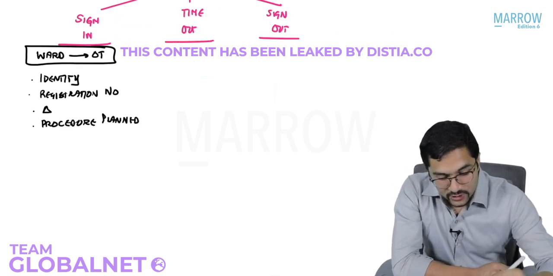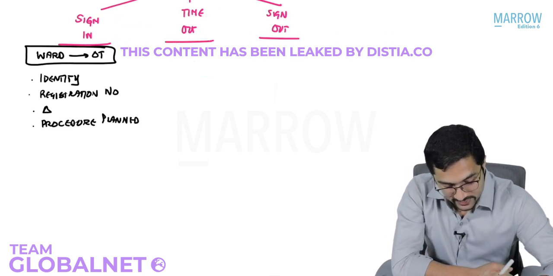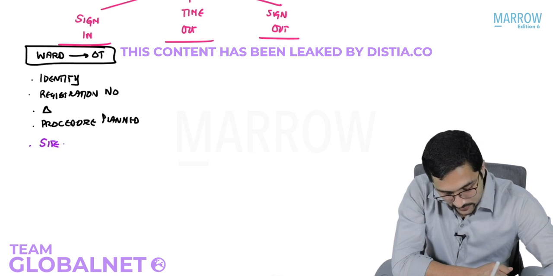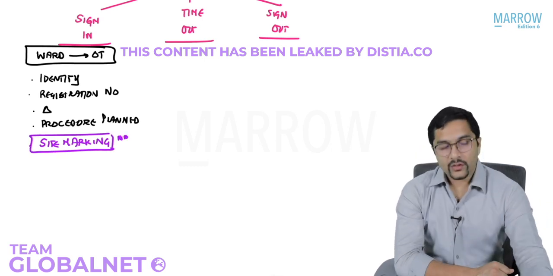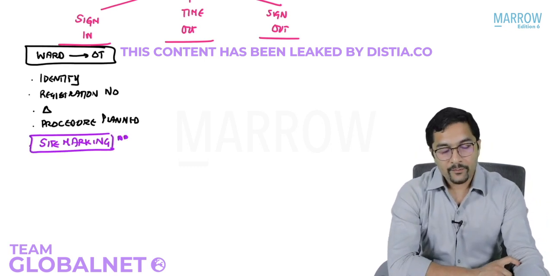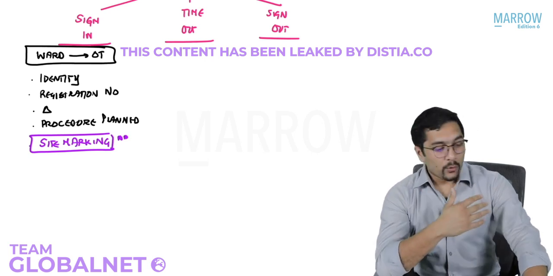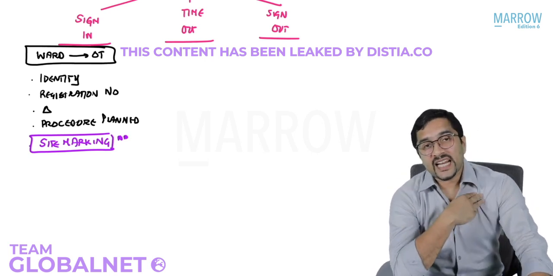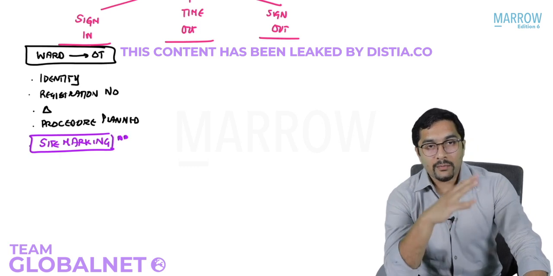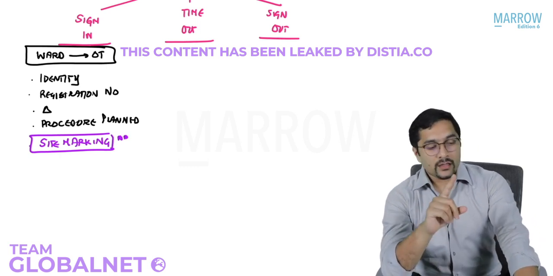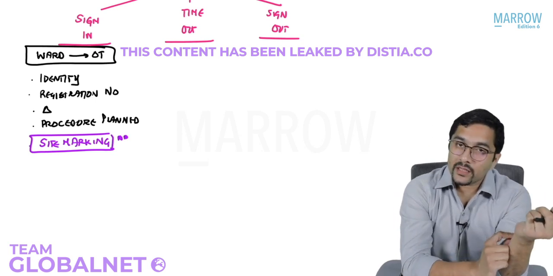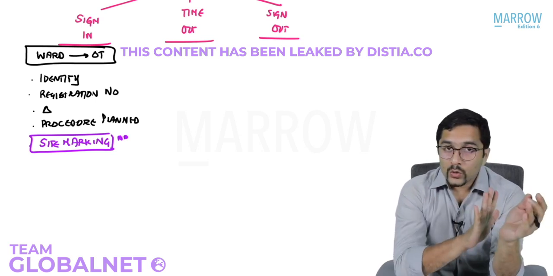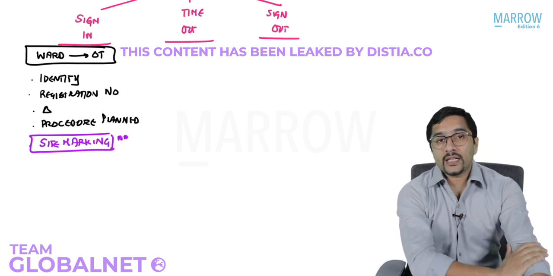Then the other thing which is checked, very important, which has been asked in the exam, is site marking. Whichever site is to be operated on needs to be marked with non-erasable ink. What does that mean? Supposing I have to do a left-sided breast surgery, my team member in the morning is going to put a mark on the left side with non-erasable ink, to signify that the surgery is on the left side.